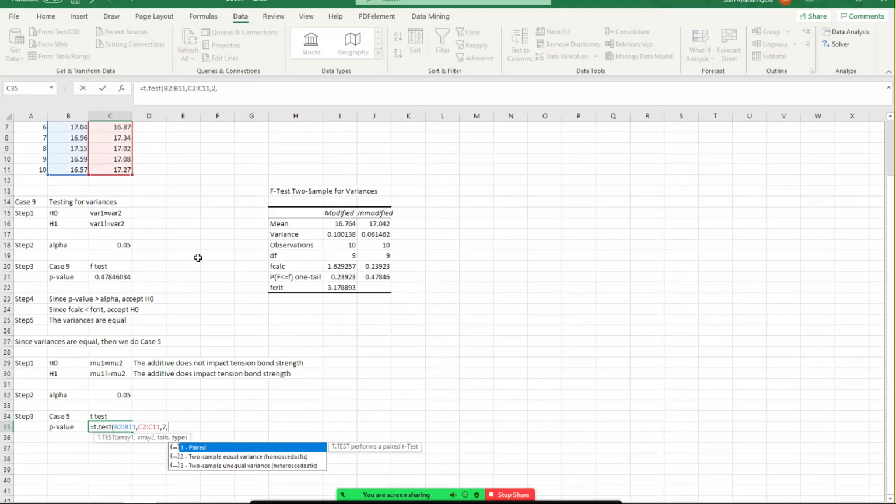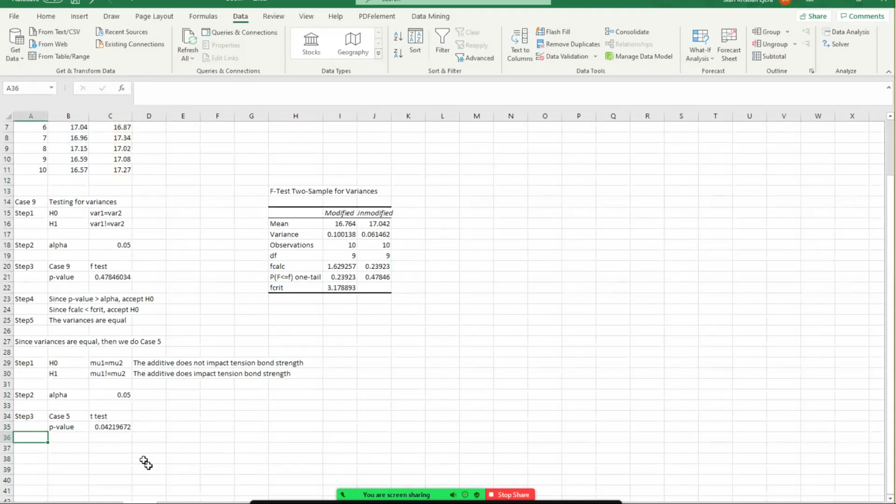And the variances are equal, based on the result of our case 9. The variances are equal. Therefore, this is what we will use. Okay? So 2. We get this value, 0.04.